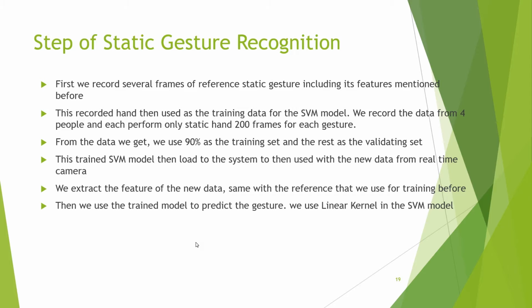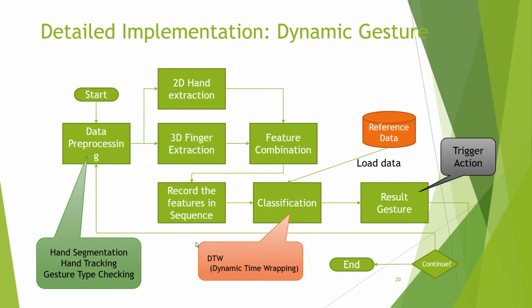For each static gesture we got 200 frames, and we use 90% as the training set and 10% as the validation set. This trained SVM model is then loaded into the system to be used with new data from the real-time camera capture. We extract the new data features and use the linear kernel SVM model we trained before to predict the gestures.